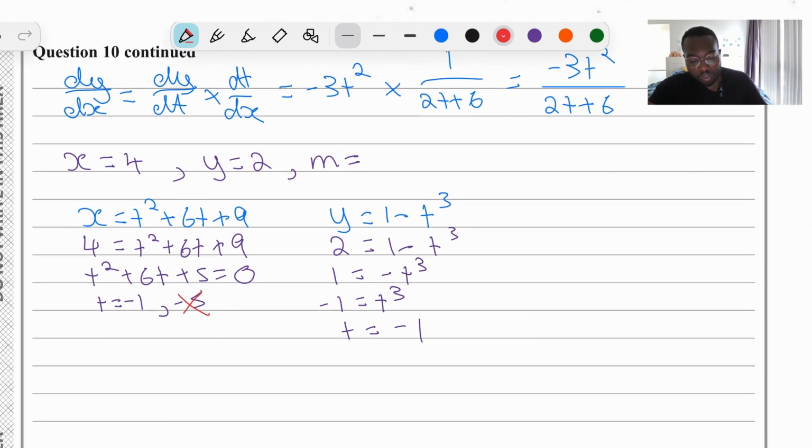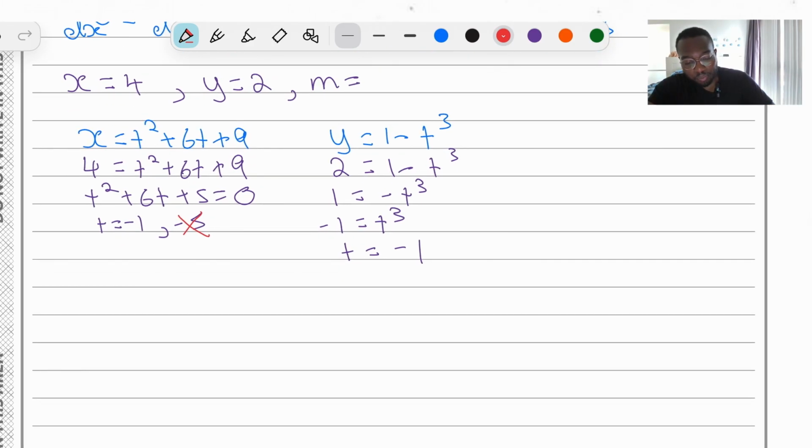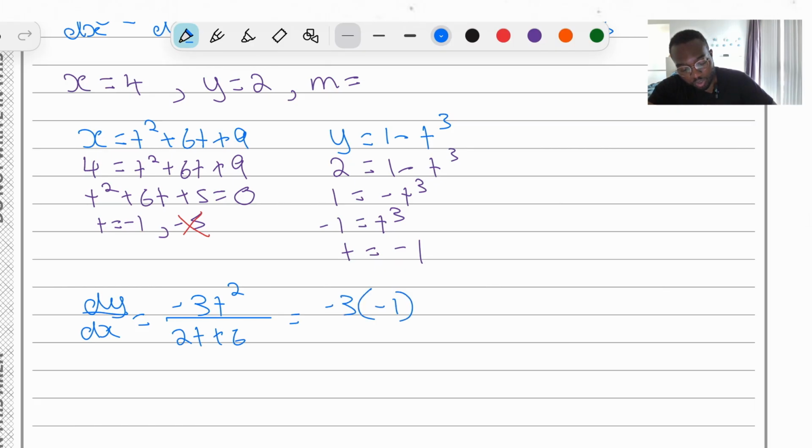So if we know t is minus 1, that means we can put that value into dy over dx. We have dy over dx is equal to minus 3t squared over 2t + 6. If we plug in our value for t, that would be minus 3 times (minus 1) squared, over 2 times minus 1 + 6.